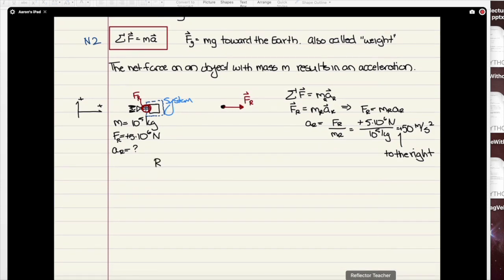Suppose I then say that the rocket thrusts for 100 seconds. I could ask, how much does the velocity change?